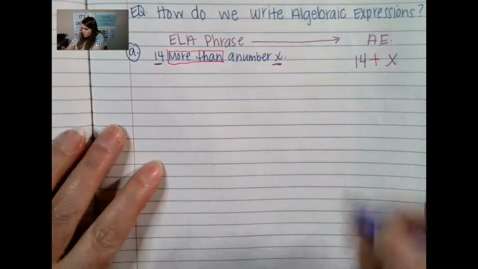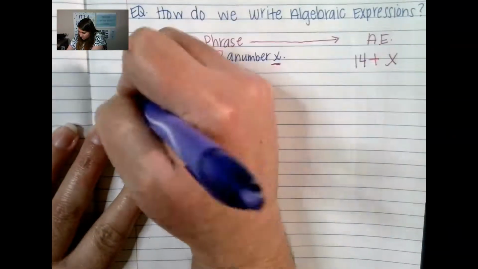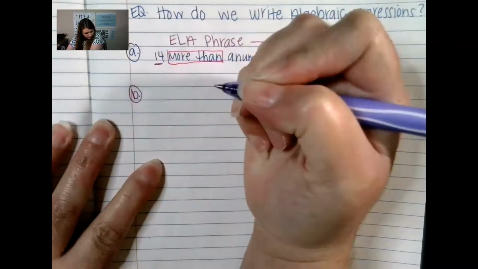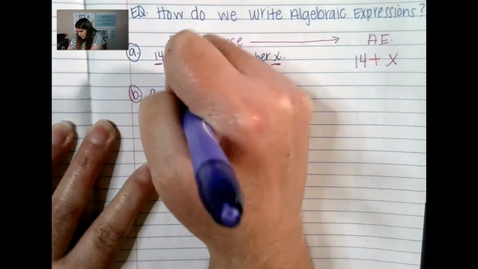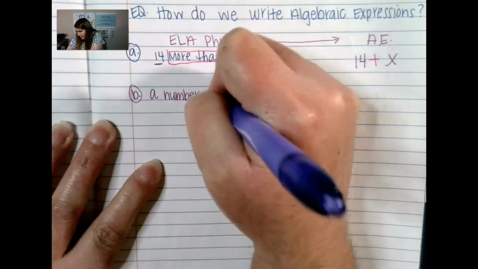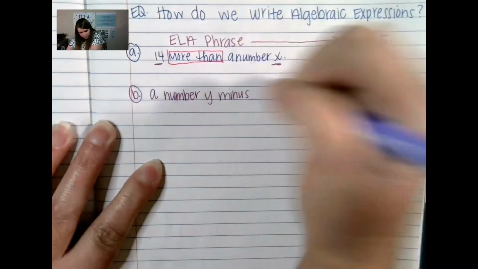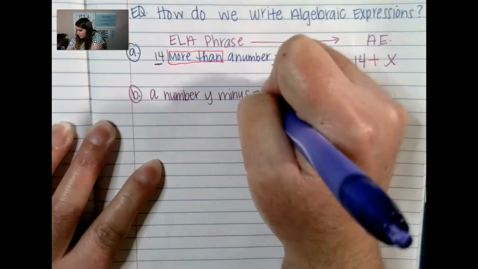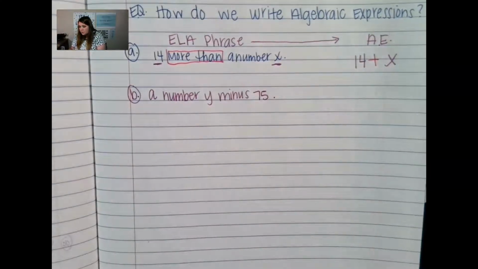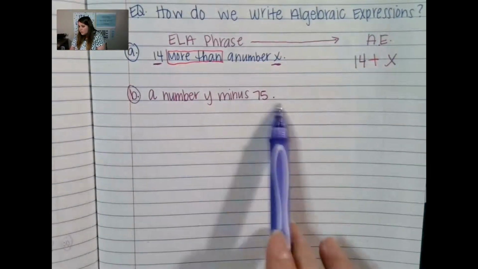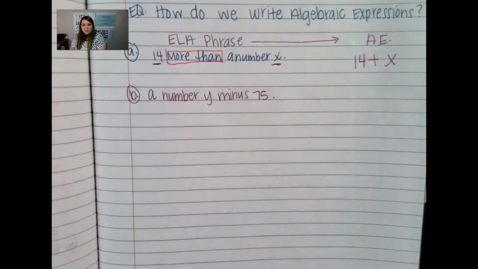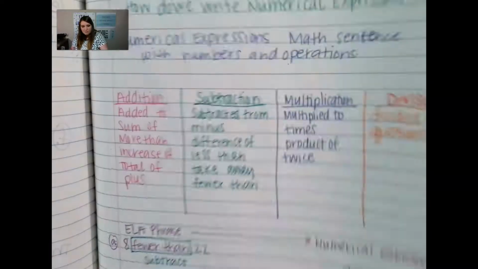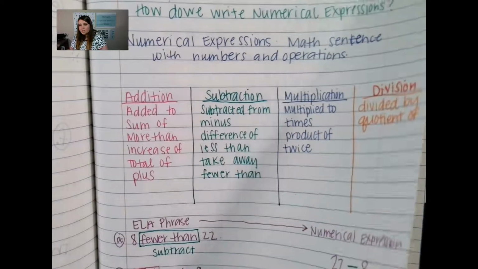All right, here is your next example. This example says a number y minus 75. So again, we're turning an ELA phrase into an algebra phrase by looking at the clue words. Well, the clue word here is minus, and we know that minus means subtraction.